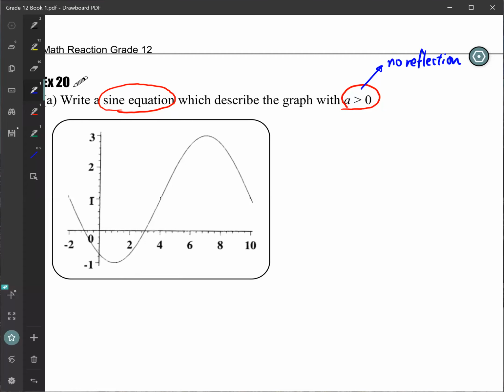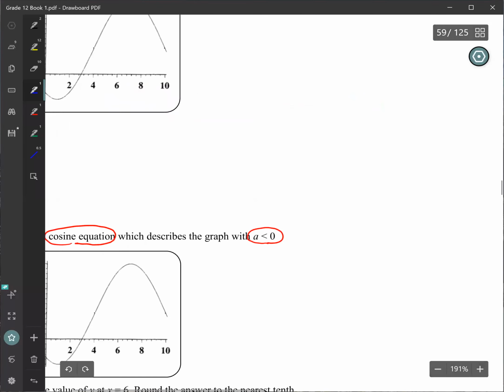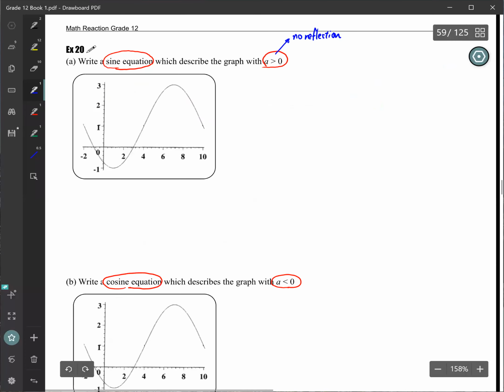So it's included in greater than 0. Same with A less than 0, right? So greater than 0, less than 0 is about reflection. And then for the bottom one, A less than 0, there's a reflection over the x-axis.